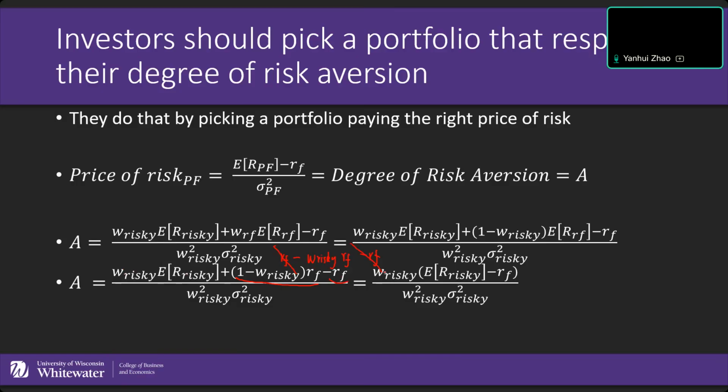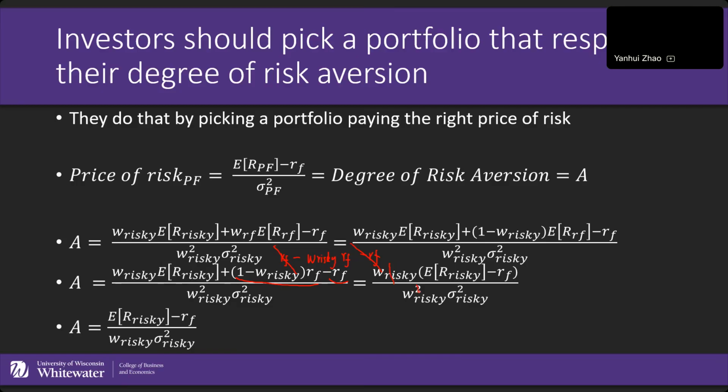We can collect a common term, so we have weight risky times expected return of risky assets minus risk-free asset. And weight risky can be canceled with the weight risky in the denominator. So what we get is here. The degree of risk aversion for any investor equals the expected return of risky assets minus the risk-free asset.